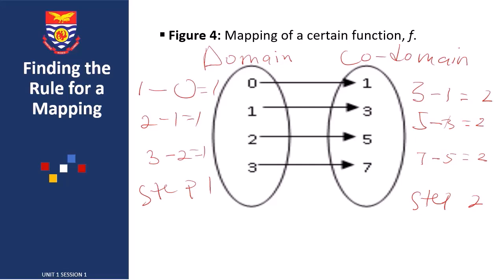Once it is linear, you can think of the rule as looking like a linear function, ax plus b, where b is our intercept and a is the gradient. You remember that?